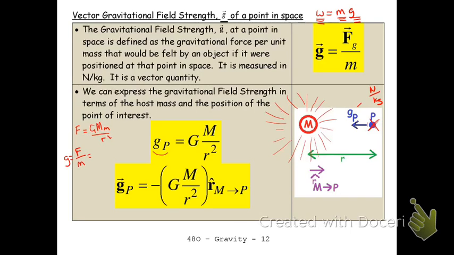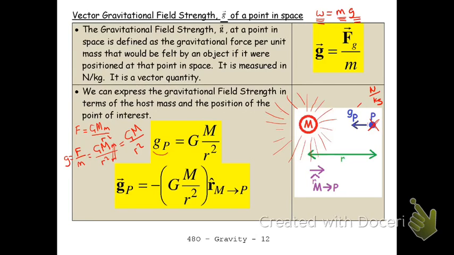So that's going to be big G, big M, little m over r squared, little m. And those little m's cancel. So that equals big G, big M over r squared. That's where that comes from. So the only difference between the force and the field is one of them has big M and little m, and the other one's only got big M.